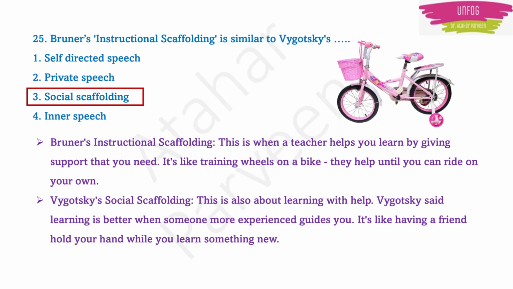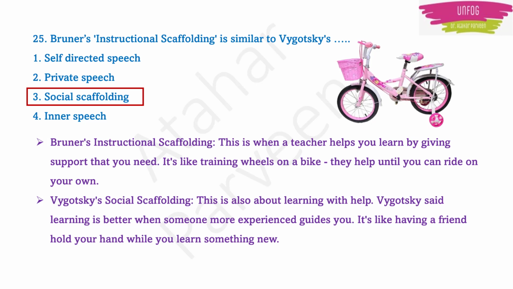But then what is Vygotsky's idea of scaffolding? He is talking about social scaffolding. So this is about learning with help. You can compare that there is some friend who is holding your hand while you are learning something new. Okay, so Vygotsky said that learning is better when someone more experienced is guiding you.